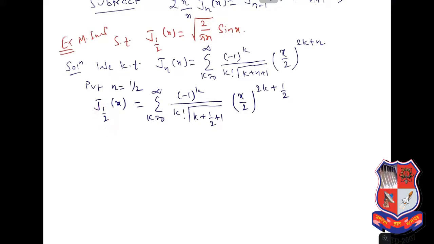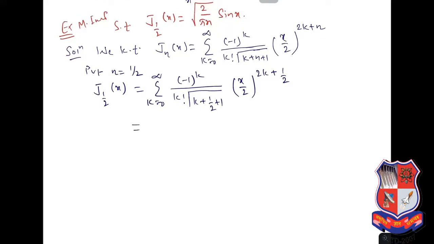So because n is 1 by 2, here we have to put 1 by 2, here also we have to put 1 by 2. Now this is equal to, now series is on k, so we can take this x by 2 power 1 by 2 outside, because series is on k.